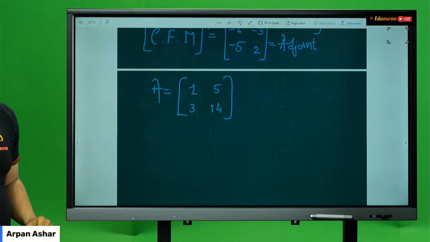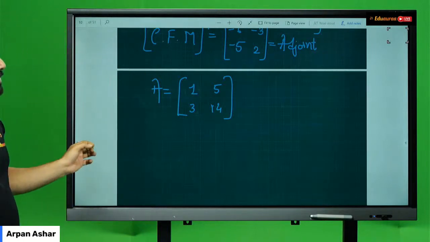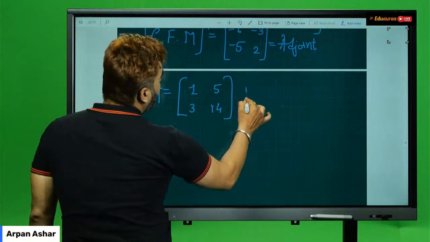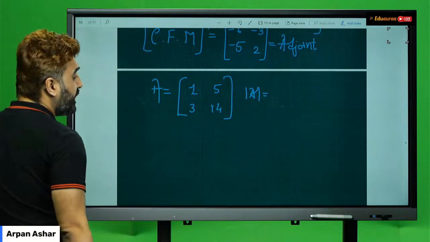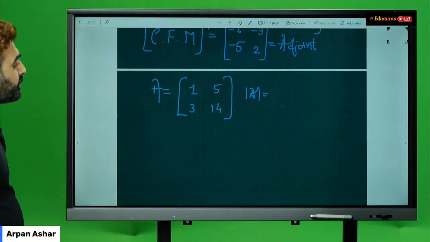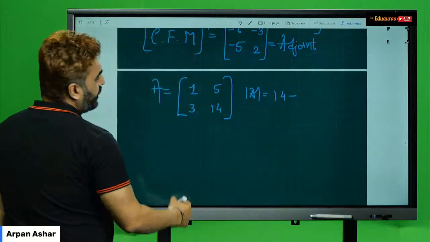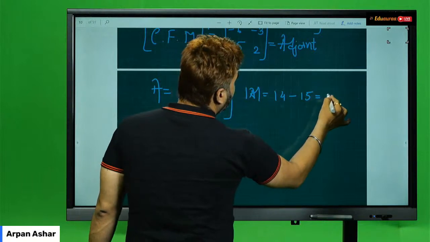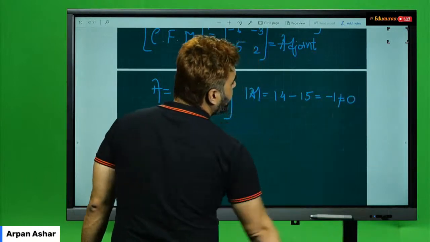So to find inverse of this matrix, the first and the basic condition is कि ये matrix एक non singular matrix होना चाहिए. That means we need to find determinant. So determinant of A क्या हो जाएगा, cross multiplication from left to right minus right to left. So 1 into 14 minus 3 into 5, that is 15. So क्या मिला, -1. -1 मतलब a non-zero number.